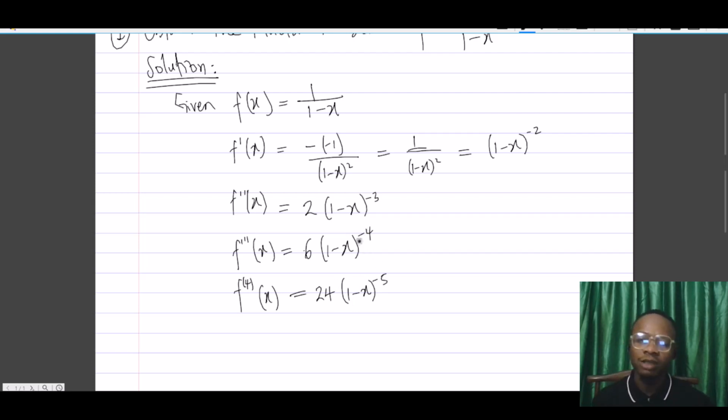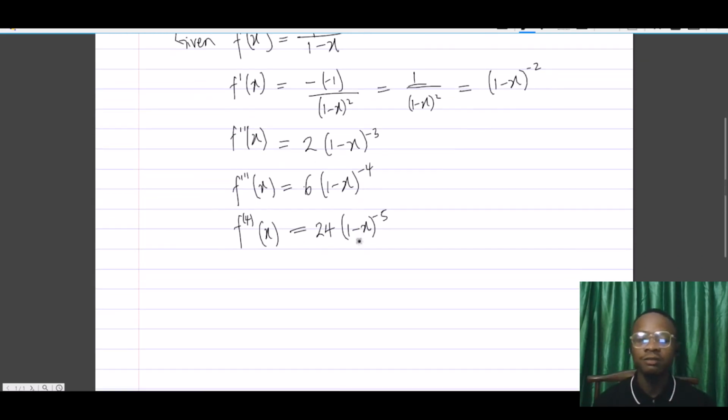So basically we already know what the derivative of this should be. We can already see a pattern, and we can say that the nth derivative will be equal to, we can see this is 1, this is 2, this is 6, this is 24. The first derivative has its coefficient to be 1, which you can call 1 factorial.